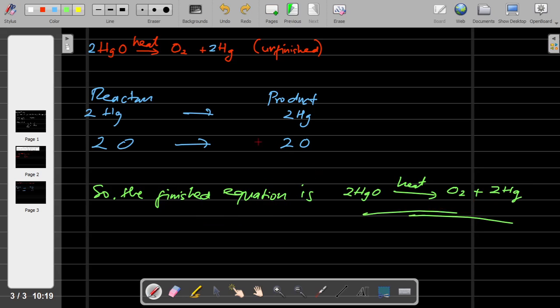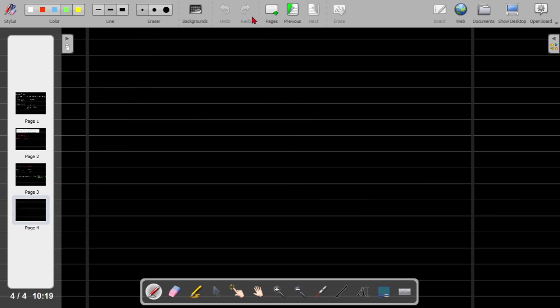Okay, now let's take a look at another example. Let's talk about water. I believe everyone knows about water. The chemical formula of water is H2O.